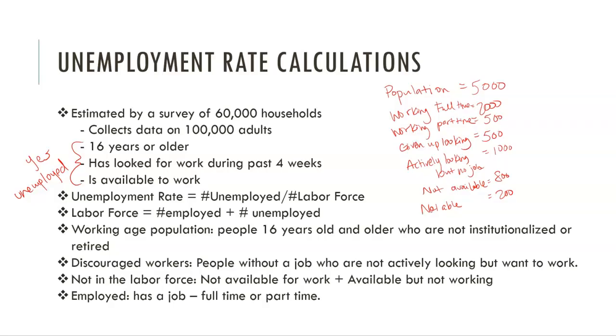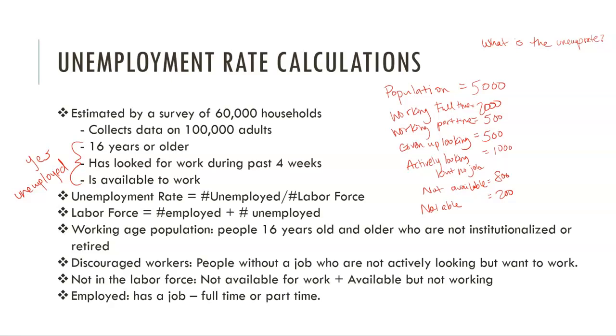And so then the question might say, what is the unemployment rate in this society? We want to calculate that. And so your goal here is to look through this list and figure out which people are we counting and which people aren't we counting.